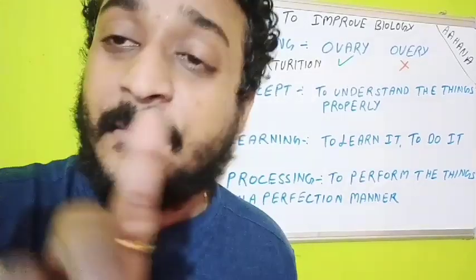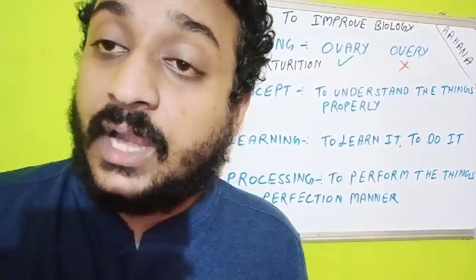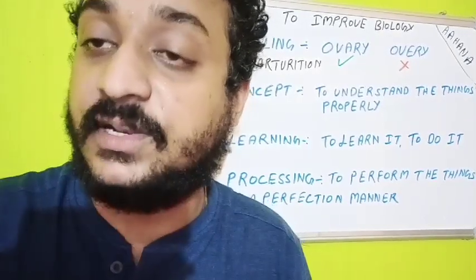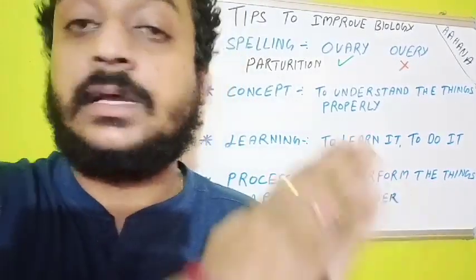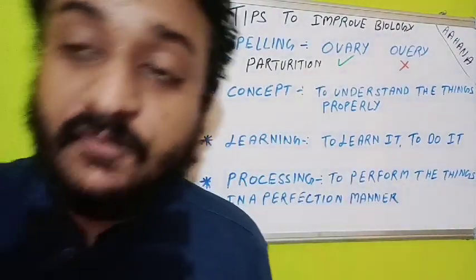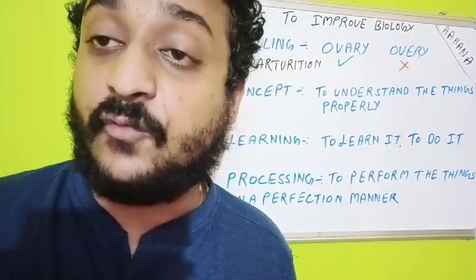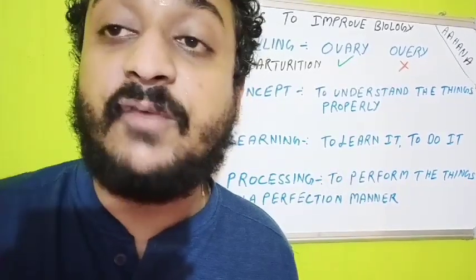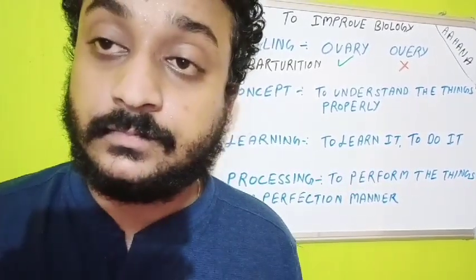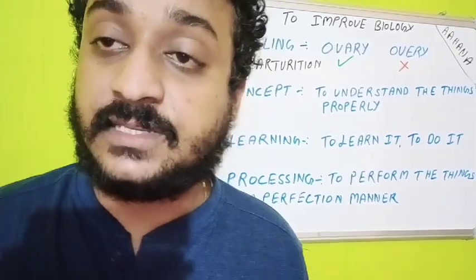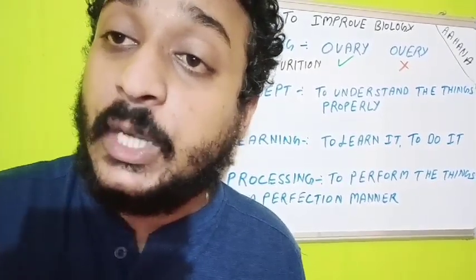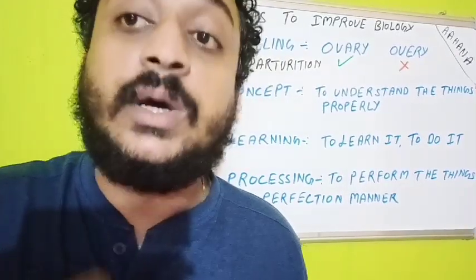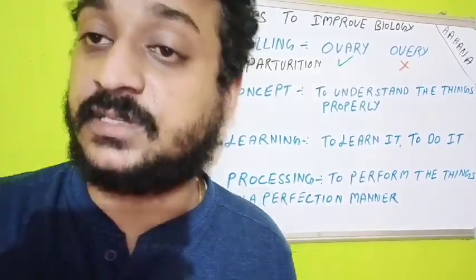Because processing means whatever you have done with your self-confidence, the spelling, the concept and the learning, that will be implemented in processing. Whenever you are taking a test, writing your exams, or explaining the things you have learned to others, that is known as processing.